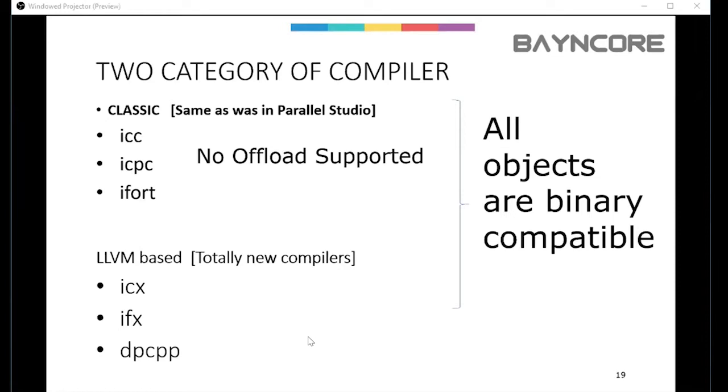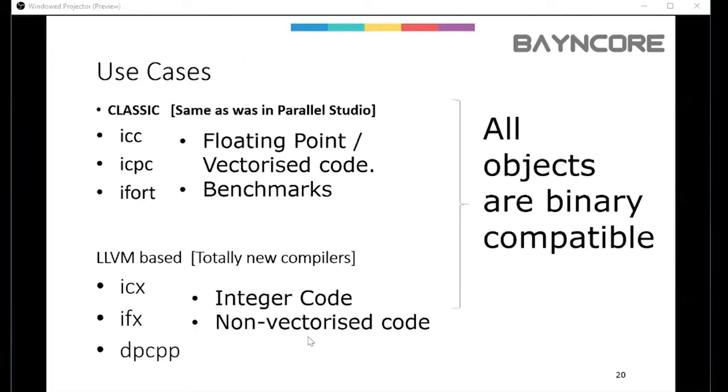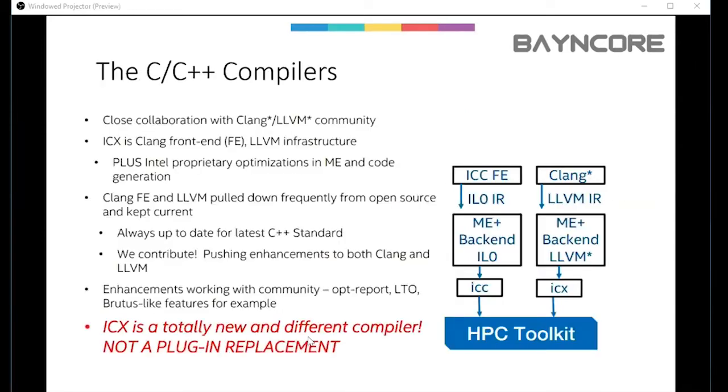So you could build some of your code using the classic compiler, build some code using the new LLVM compilers, and link them together. And it's this particular feature that's very helpful when porting from Parallel Studio to oneAPI.